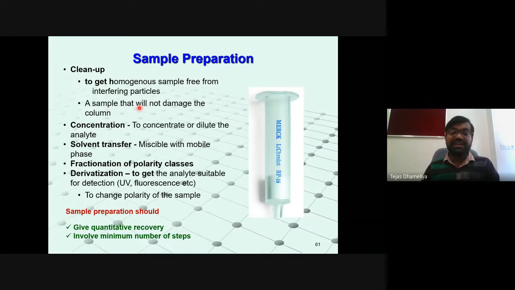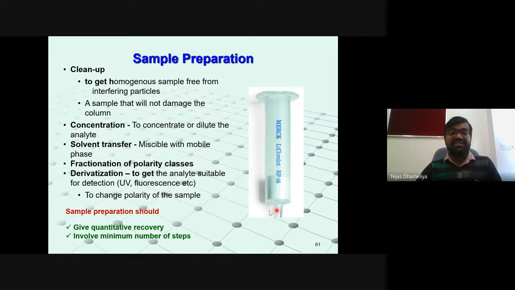So we have to concentrate or dilute the samples. If our concentration is much less, then we can concentrate it. Or else we have to dilute it. This is the way a substance can be either concentrated or diluted.